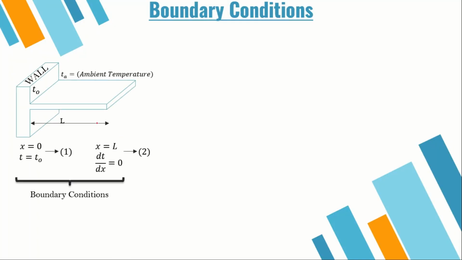Now we can see that we are changing the variable T minus TA to theta, that is the temperature difference. First of all, we subtract TA: T minus TA is equal to T naught minus TA.